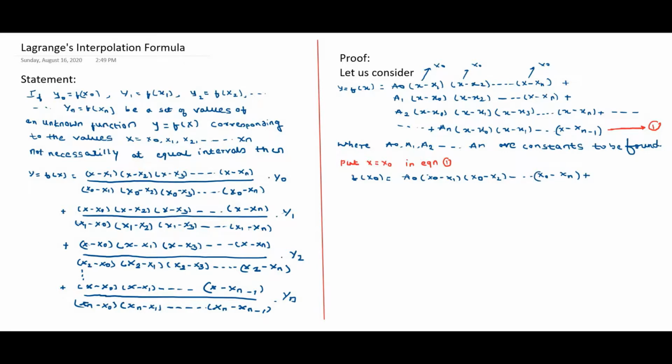Now similarly, if you substitute x is equal to x0 here, this x0 minus x0 is equal to 0. So each term contains x minus x0, so if you put x is equal to x0, then the remaining terms will be 0 at last.